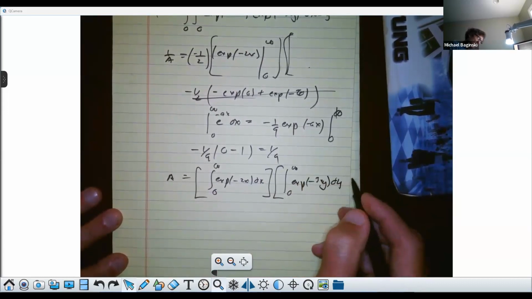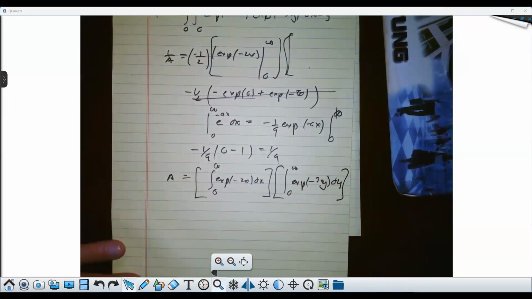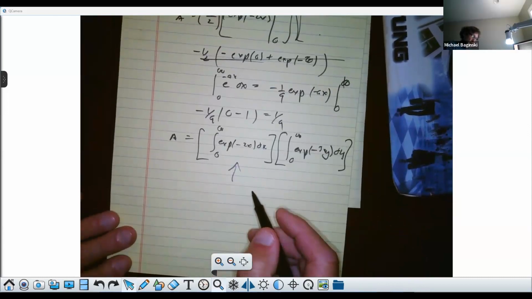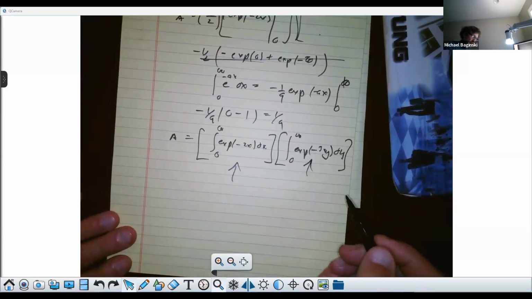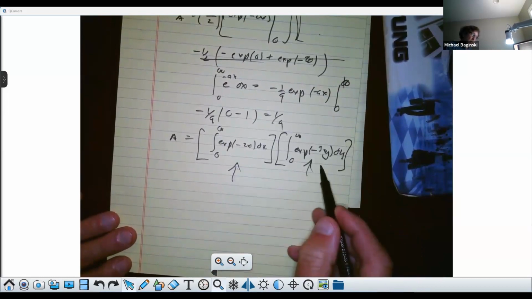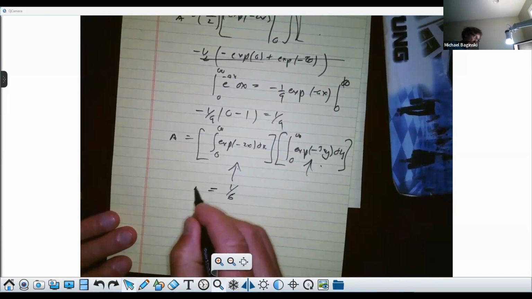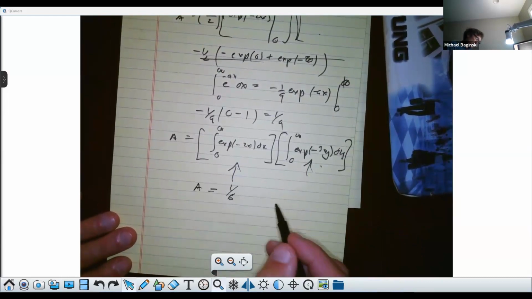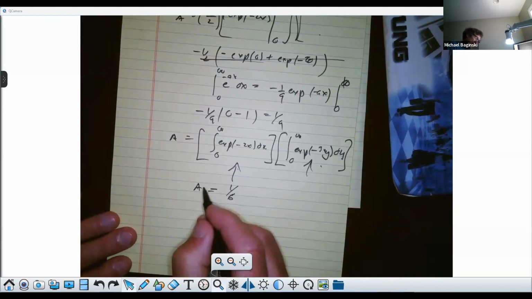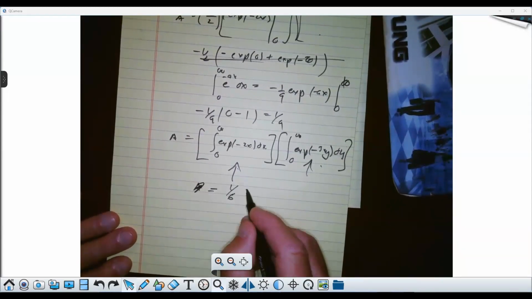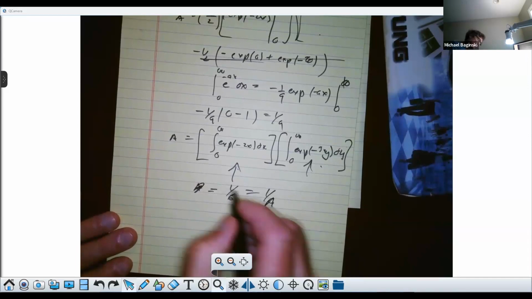I think I see what I did. This is a positive value, and this is a positive value. This is 1/2, this is 1/3, so 1/6 is equal to 1 over a.